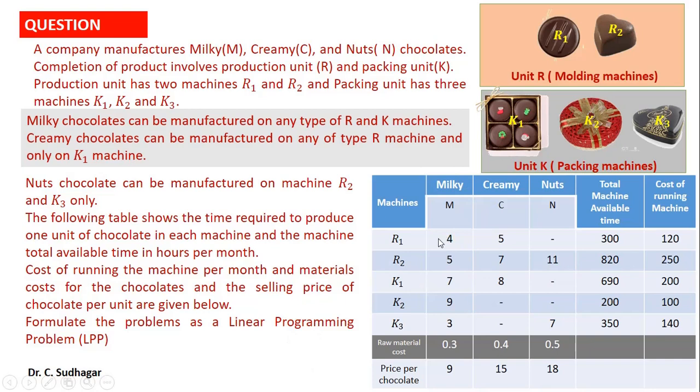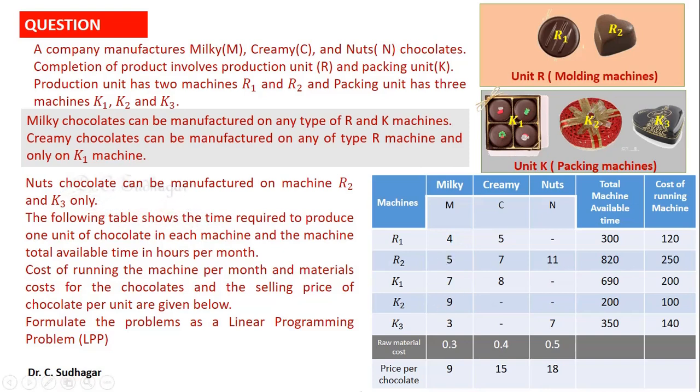4, 5, 7, that means if you are processing on the machine R1 for 4 hours, you can make the milky chocolate. If you are running this machine for 5 hours, you can make an R2 type of chocolate.